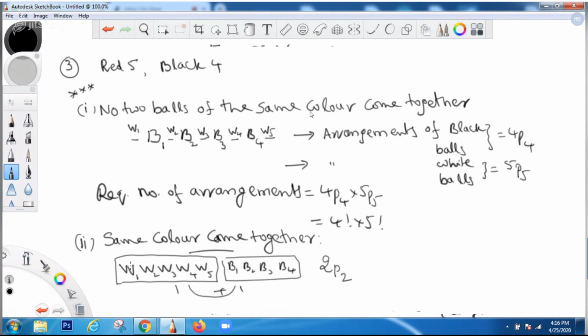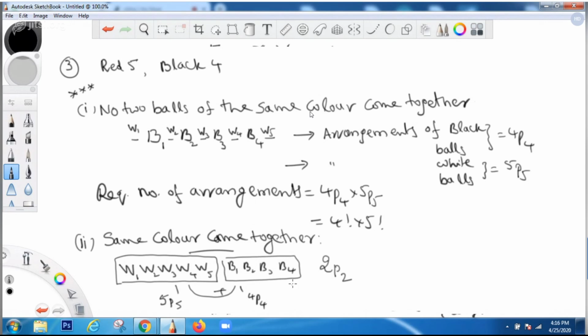There are five places, five balls, so 5P5. And among these four blacks, 4P4. So whites can be internally changed in 5P5 ways, four blacks can be internally changed in 4P4 ways, and the units are together in 2P2 ways.